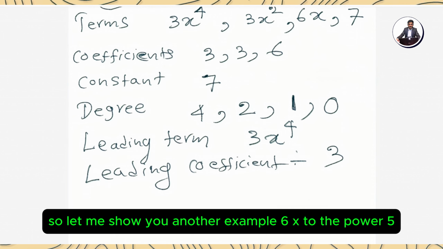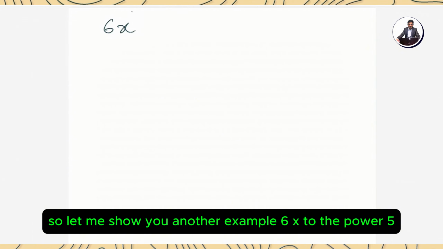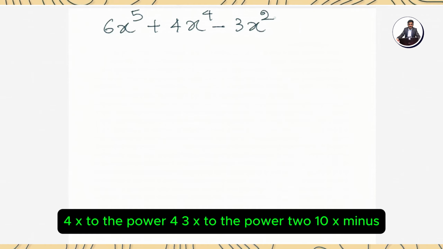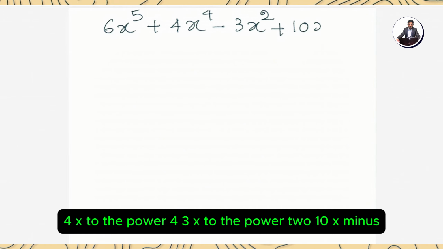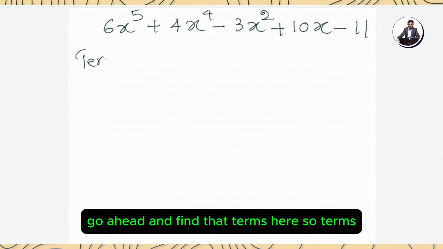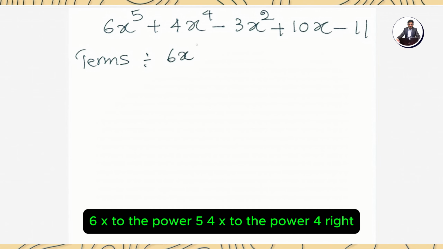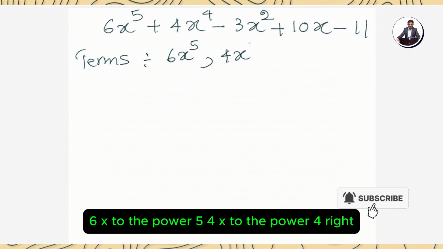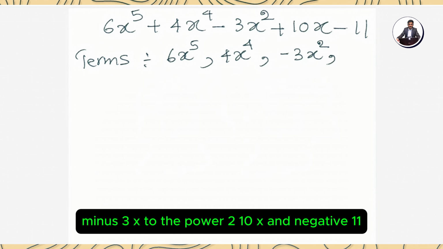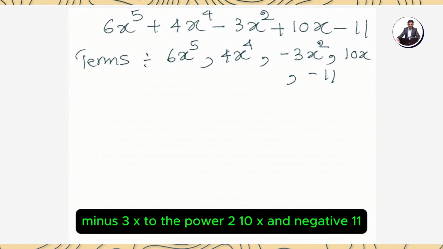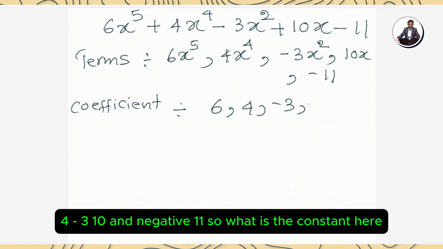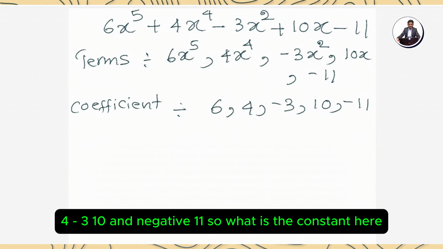Let me show you another example. 6x to the power 5, 4x to the power 4, minus 3x to the power 2, plus 10x minus 11. Go ahead and find the terms here. The terms are 6x to the power 5, 4x to the power 4, minus 3x to the power 2, 10x, and negative 11. The coefficients are 6, 4, negative 3, 10, and negative 11.